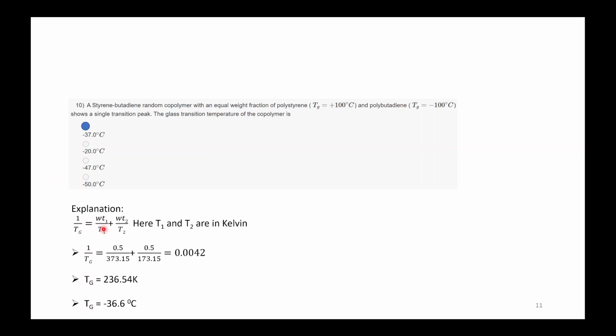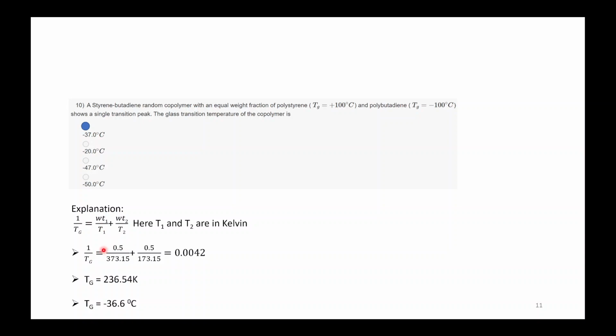Now the explanation can be given as this. The formula is 1 upon Tg equals the weight fraction of one of these monomers, polystyrene, and the other monomer, butadiene, so butadiene's weight fraction and polystyrene's weight fraction, each divided by their respective Tg, glass transition temperatures. T1 and T2 should be taken in Kelvin.